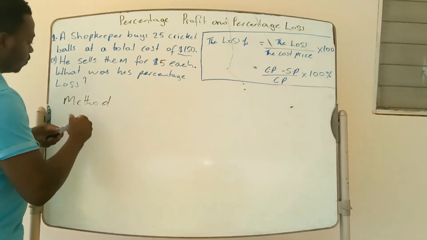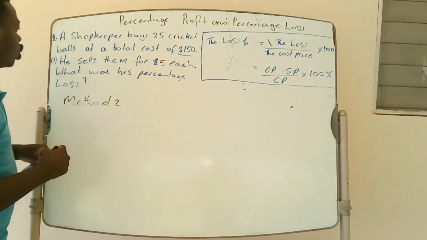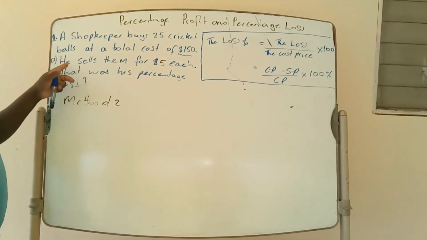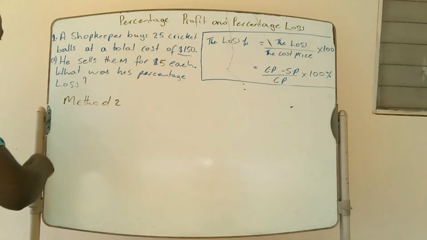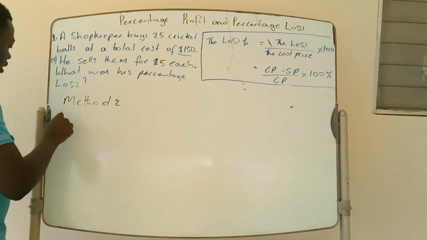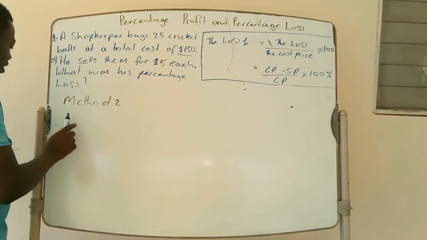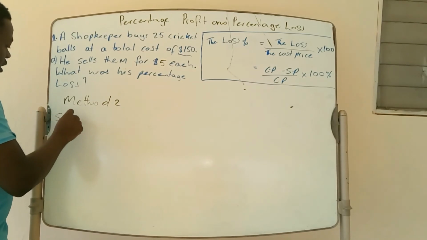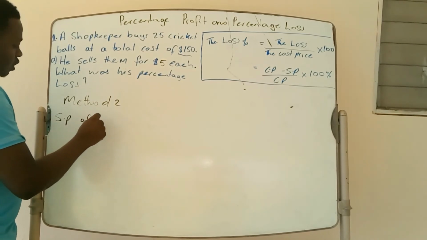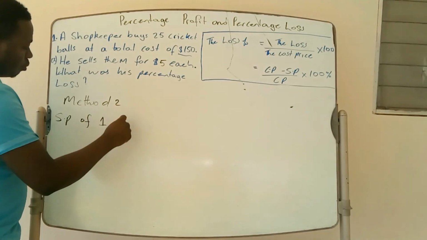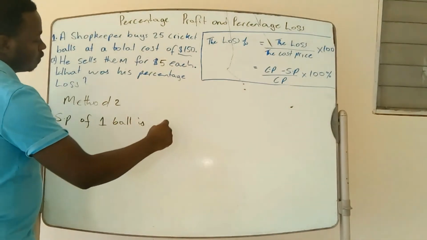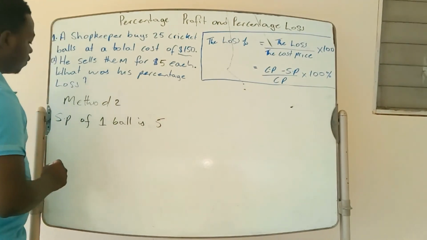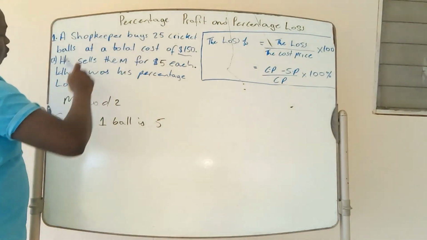So method 2. Now, we know that he sells one ball for $5 each. So we know the selling price of one ball is $5, right? That's what we know. What's the cost price of one ball?